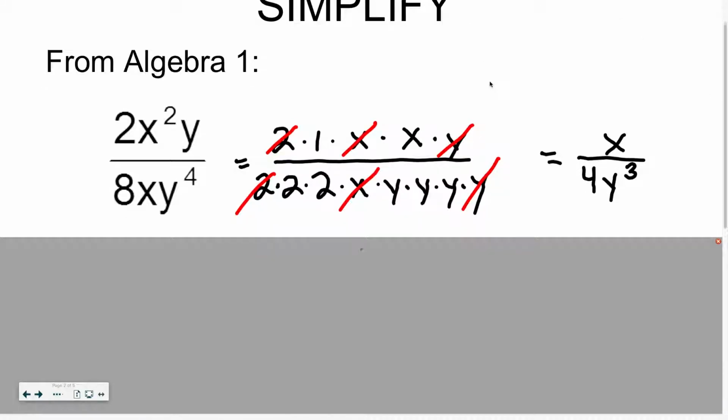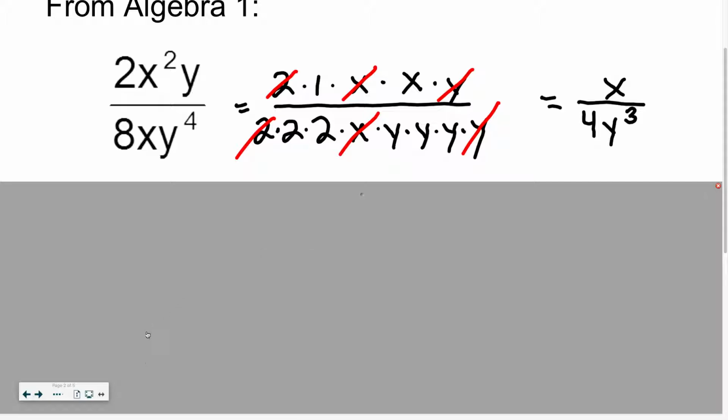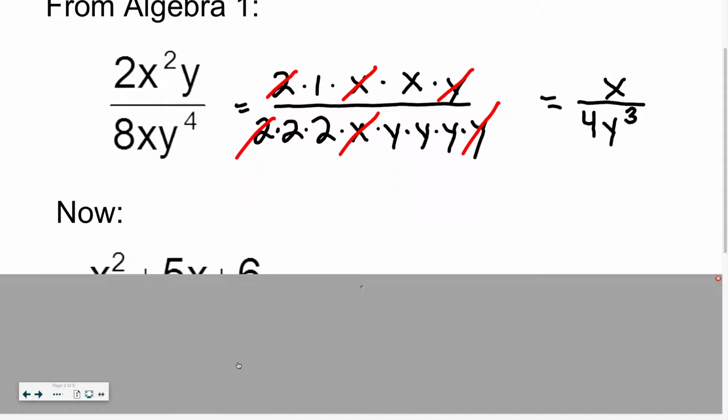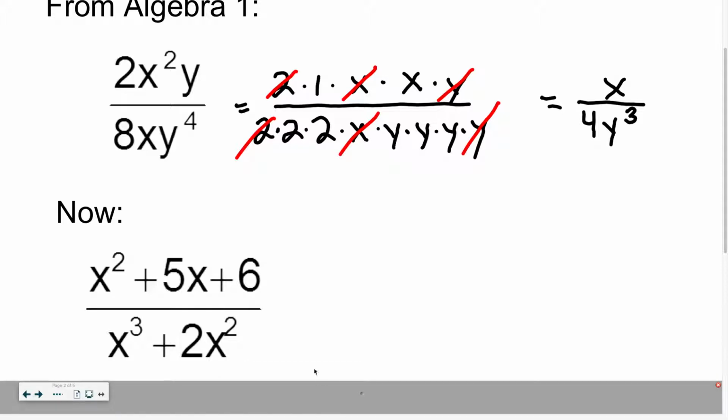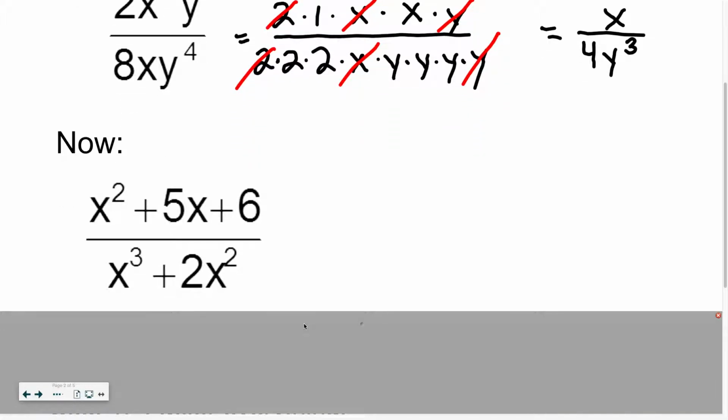Here's what things will look like now that we're in Algebra 2. Something like x squared plus 5x plus 6 all over x cubed plus 2x squared.